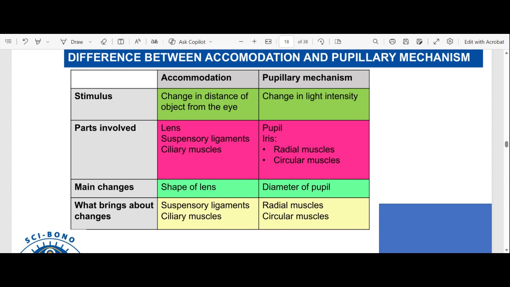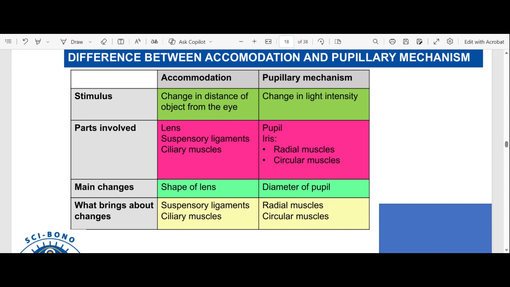Now let's go into the parts that are involved. The parts involved in accommodation are your lens, suspensory ligaments, and ciliary muscles. But when it comes to the pupillary mechanism, you have your pupil and iris, which is composed of radial muscles and circular muscles. Now let's look at the main changes. The main change in accommodation is the shape of the lens, and in the pupillary mechanism it is the diameter of the pupil.